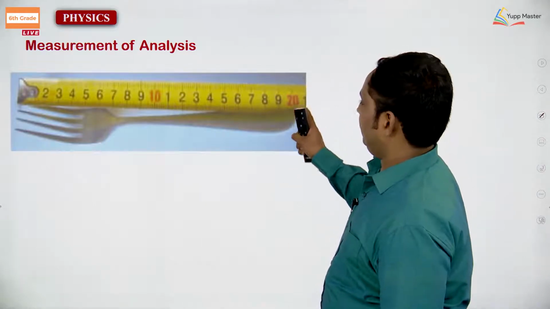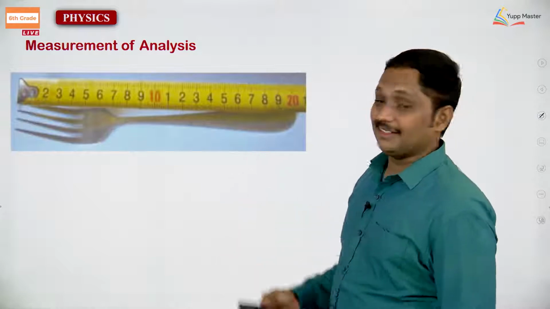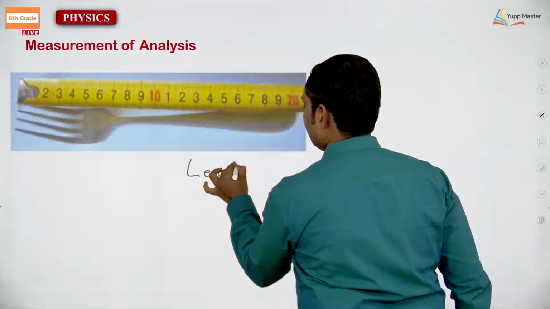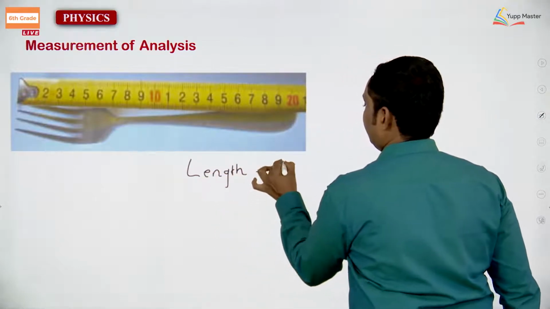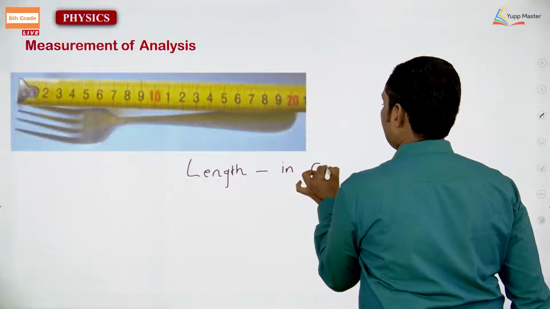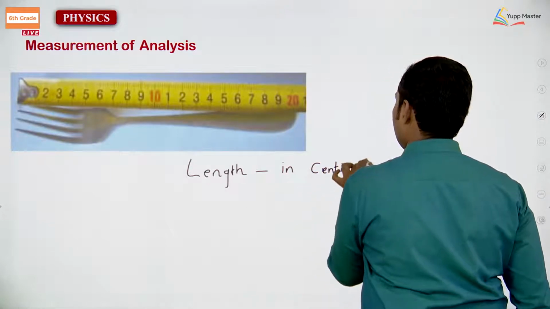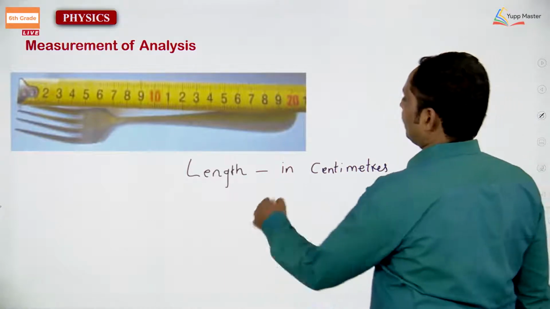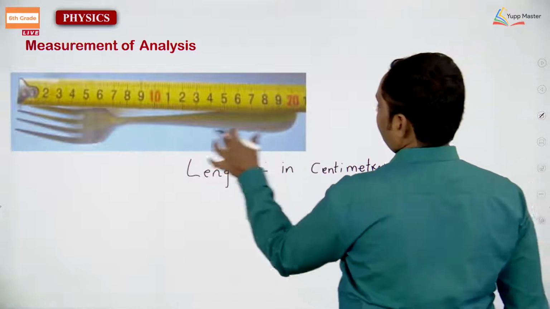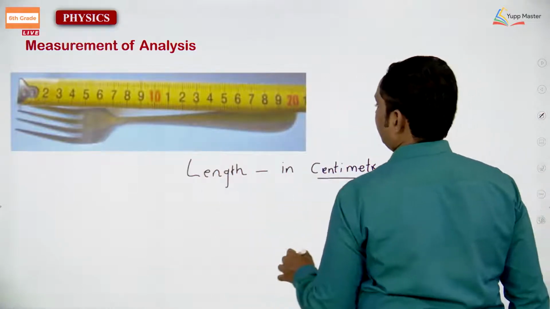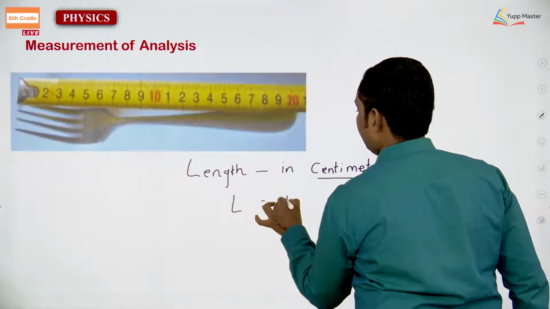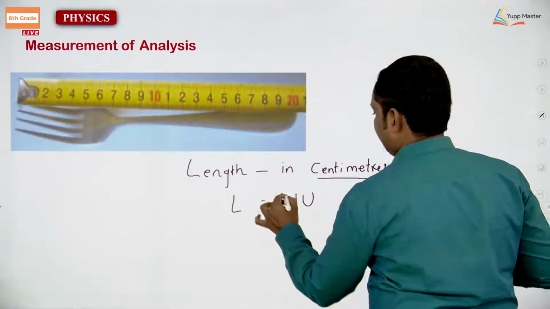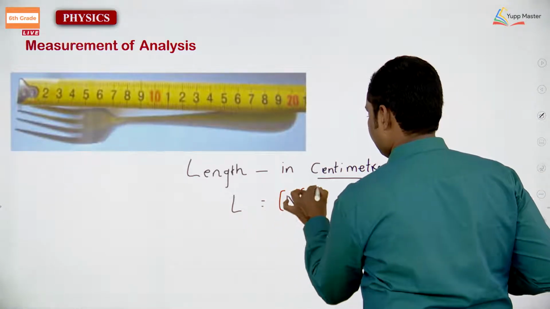With the help of a measuring tape, we measure the length, in centimeters. So the length, expressed in a unit, is L equals N into U. I have taken N U to express the total length of this fork.